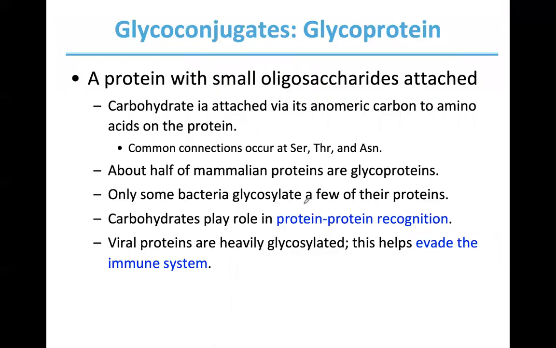Now, some of the remaining topics are glycoproteins. So basically, one thing to realize is that even though we've talked about proteins a lot, what we've never mentioned is that half of the proteins are actually glycoproteins. What that means is that they have carbohydrates attached to them.